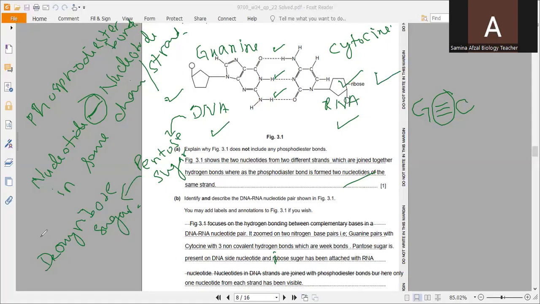Both of these nucleotides are joined together with these three non-covalent hydrogen bonds, which are very weak. Nucleotides in the same strand are joined with phosphodiester bonds, but here only one nucleotide from each strand has been shown. On the other side, here you can see the hydrogen bonds in this diagram.